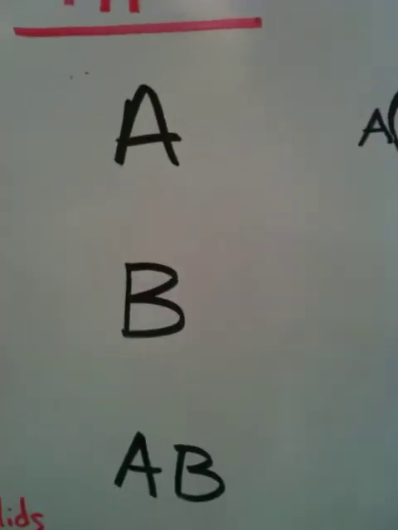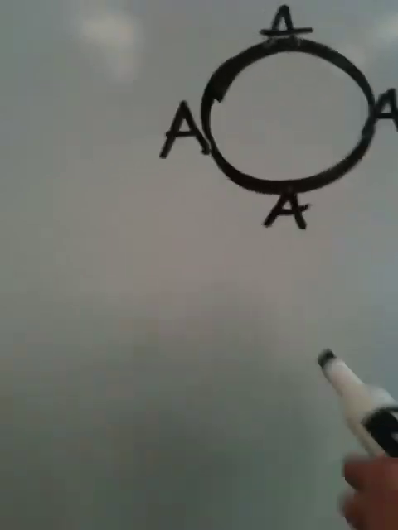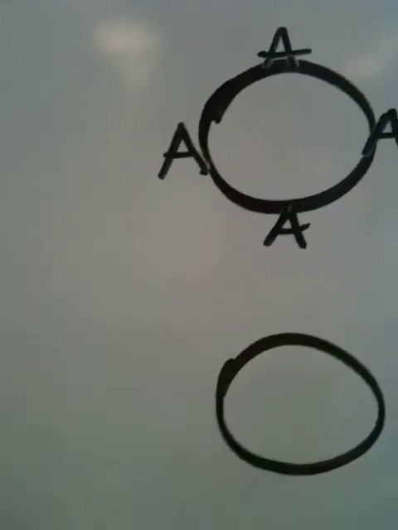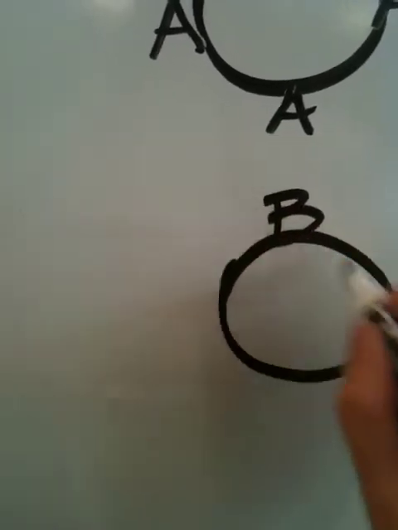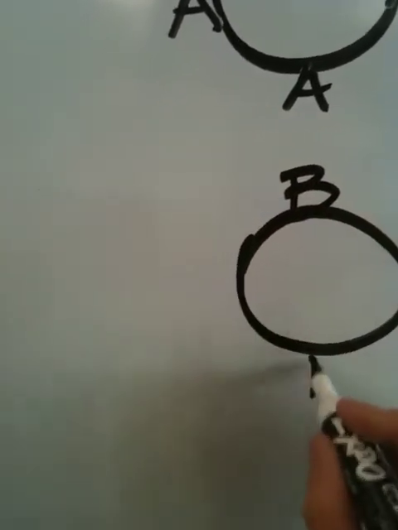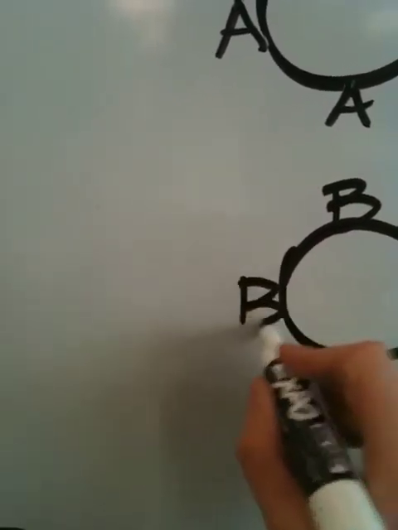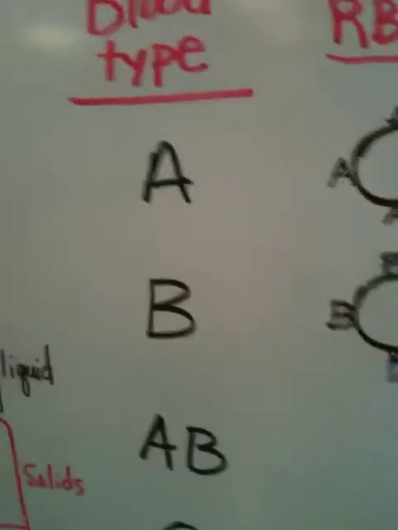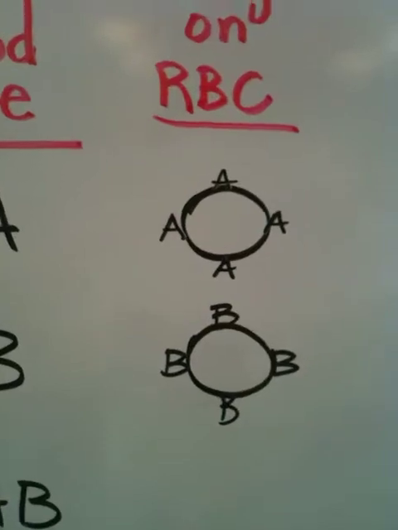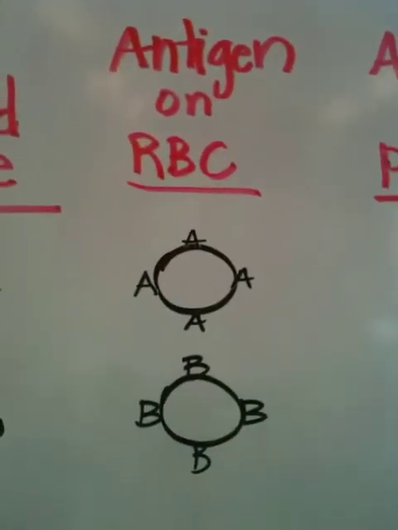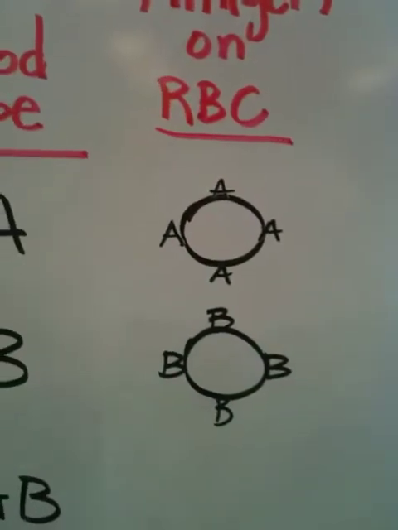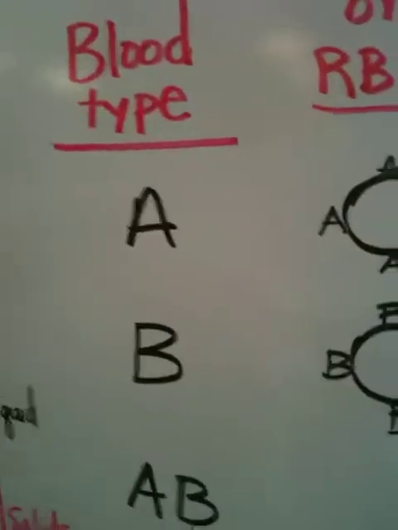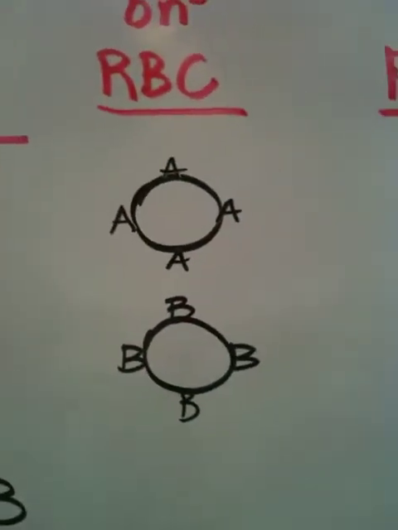So obviously, if you have type B blood, you would have, let's see if you can figure it out. What would you have on your red blood cells? If you said little b's, you are right, okay? Now, recall, they don't really look like A's and B's, okay? So, type A blood has little proteins, which we call antigens, on the red blood cells that say, hey, I'm type A. Type B has little ones that say B. Okay?